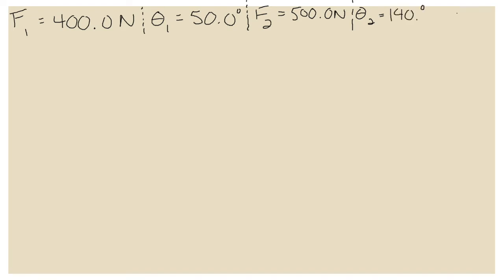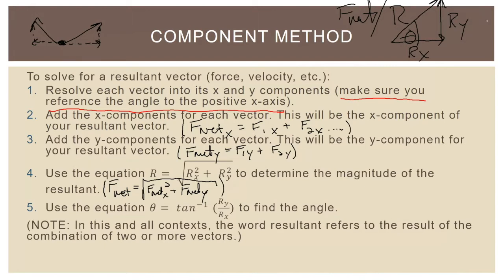We'll keep it to 3 sig figs since the original angle was given at 3 sig figs, and we're looking for F net. So, following along the steps of the component method as we just saw, and I'll just flip back to it again, we need to resolve each vector into its x and y components.